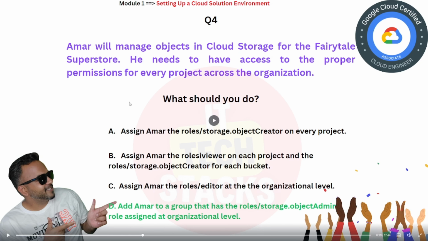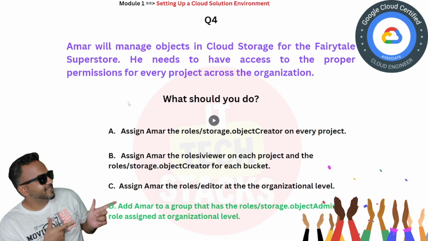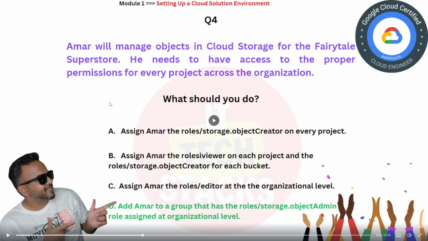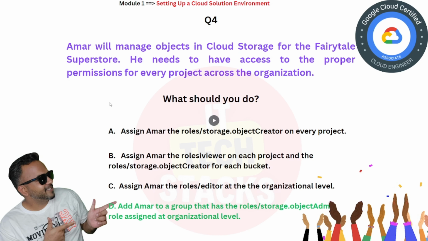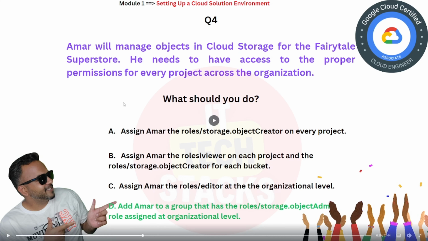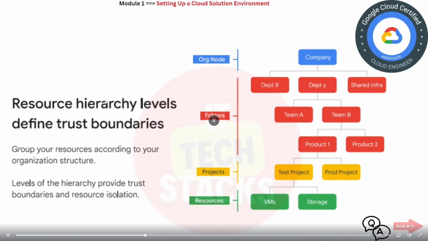So this is what we discussed in our previous videos. If you haven't gone through my previous video, please go through it to understand the resource hierarchy and the IAM part better. As I said, group your resources according to your organization structure.